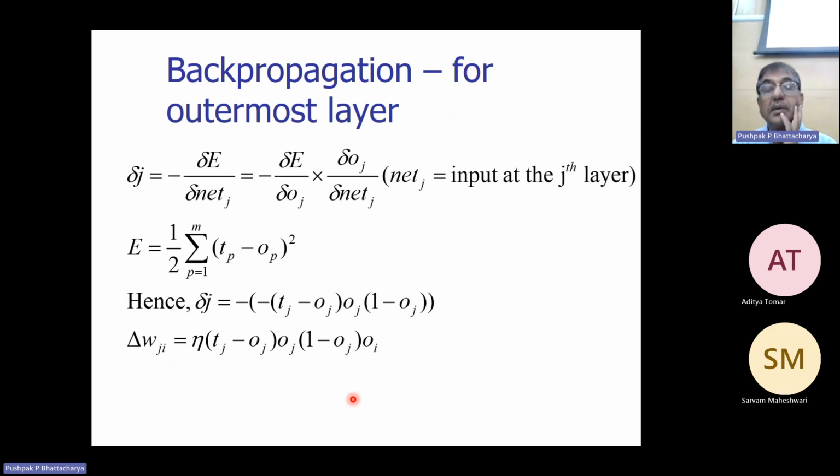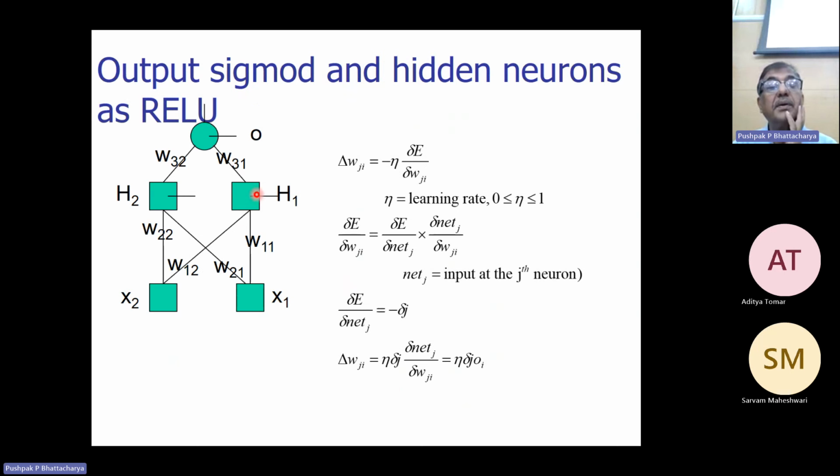So now, if I take this neuron, then it totally depends on what is the net input arriving at this neuron. Okay, so if the net input is not negative or 0, then the gradient is 1.